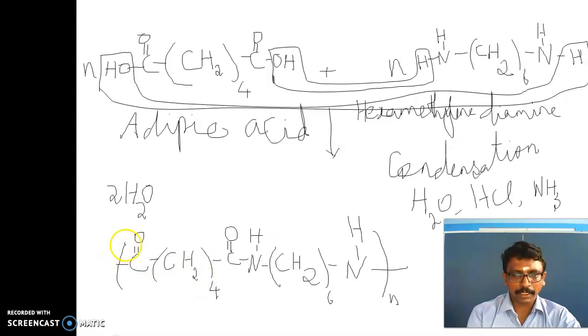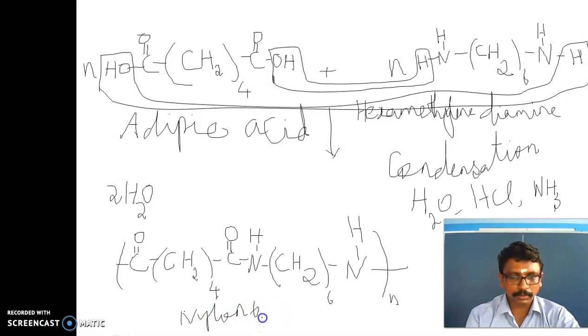So we write it as a square bracket with n. This indicates the polymer. So what is the name, children? The name of the compound is nylon 6,6.